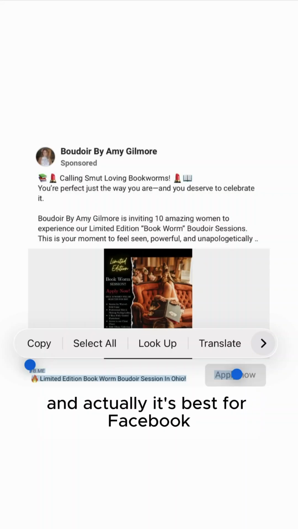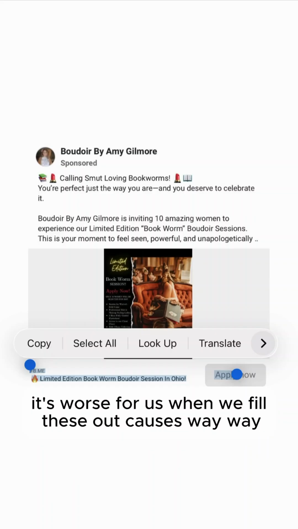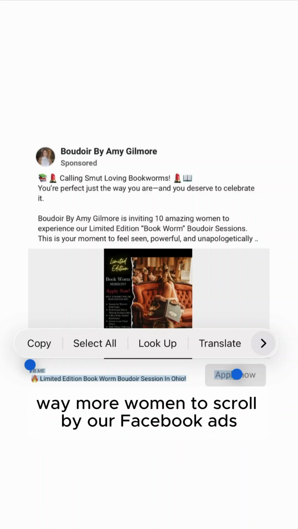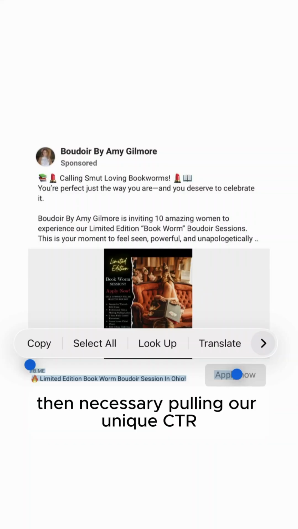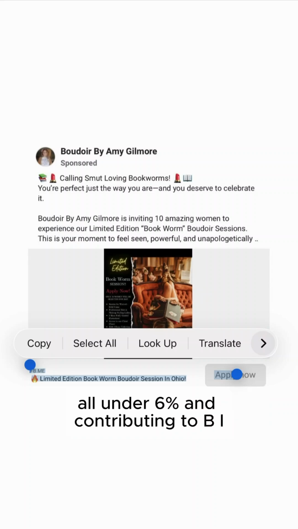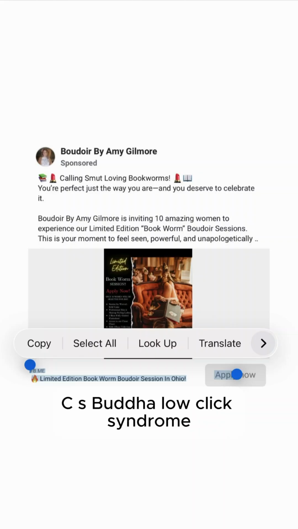Actually it's best for Facebook, and it's worse for us when we fill these out. It causes way more women to scroll by our Facebook ads than necessary, pulling our unique CTR under 6% and contributing to BLCS, Boudoir low click syndrome.